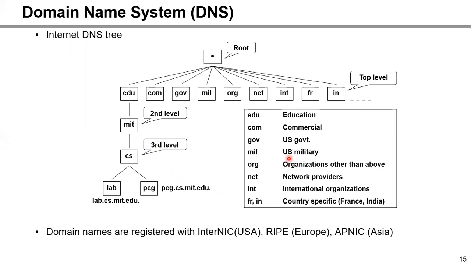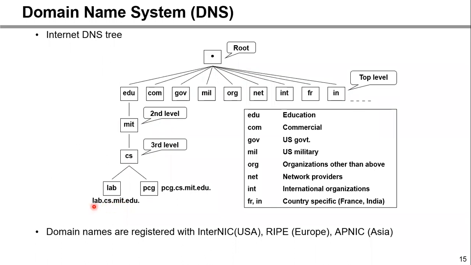So these are some of the examples of how the internet DNS or naming system is available. At each level you have these names. This is the original root, which is providing all the names to the different levels. This is the top level, then you have a second level, third level, and so on.